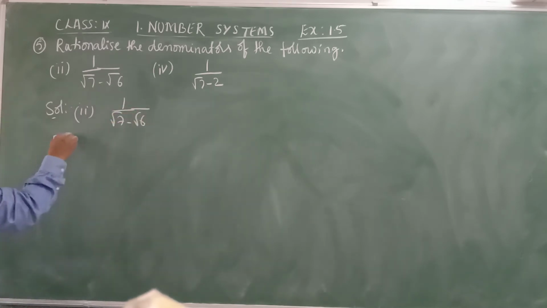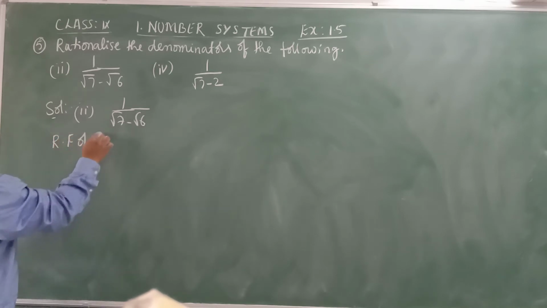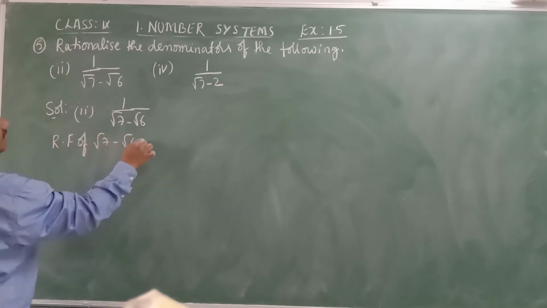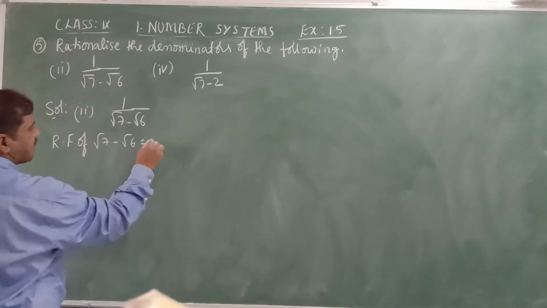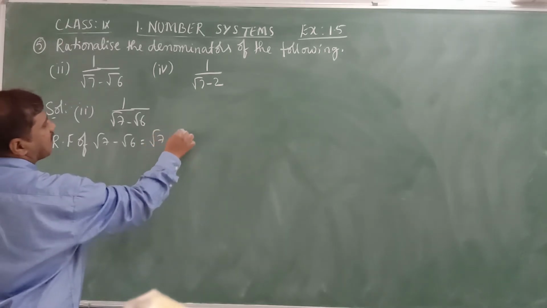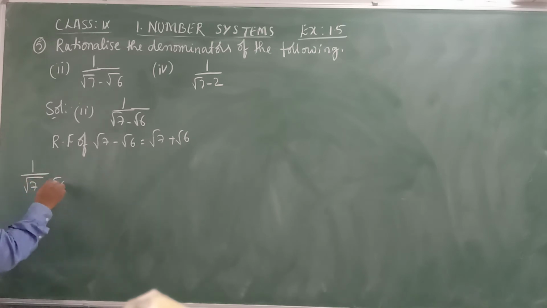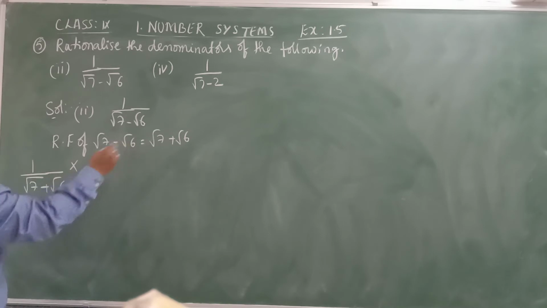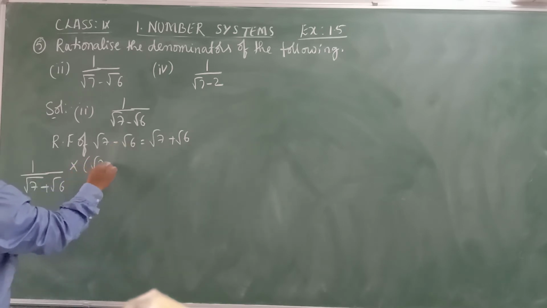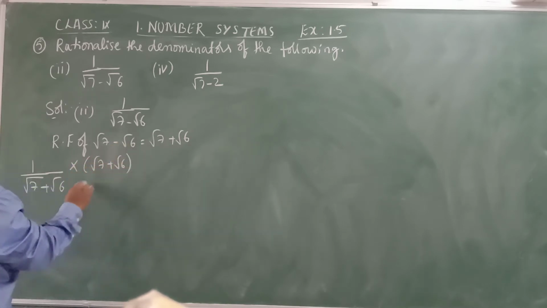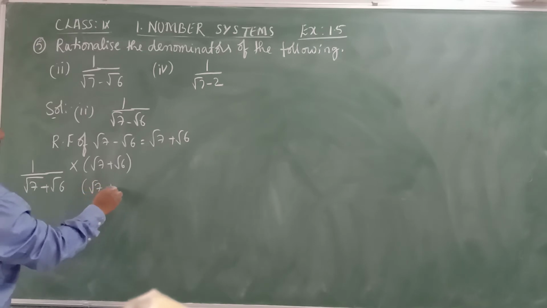Now the rationalizing factor of root 7 minus root 6 is equal to what? Yes, root 7 plus root 6. Multiply the given number, 1 by root 7 minus root 6, with the rationalizing factor root 7 plus root 6, both numerator and denominator.